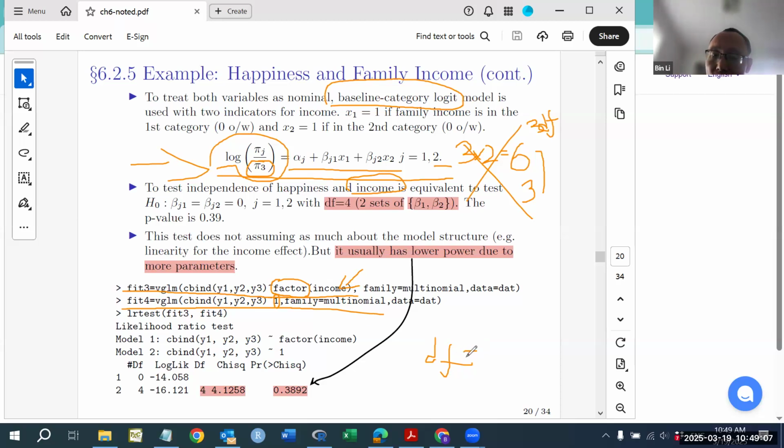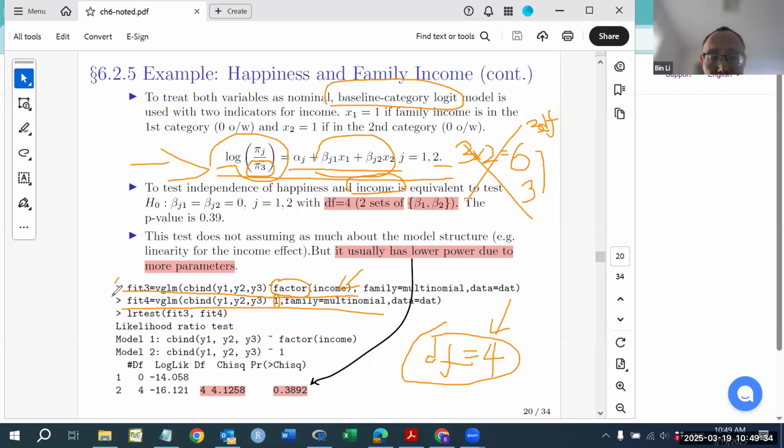The degree of freedom is 4. Why? Because now we don't have income. How many parameters do we have for the income? Don't forget we have 2 equations, and for one equation we have 2 betas. So for 2 equations, we have 4 betas. So the difference in the number of parameters here is 4.